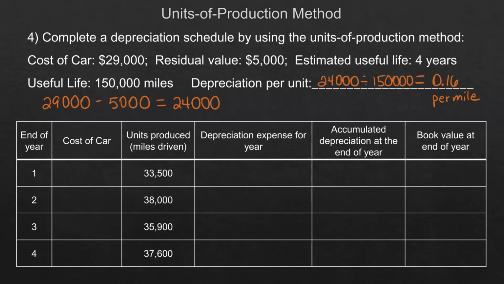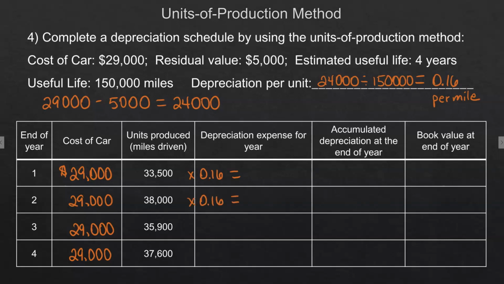When we fill out our chart, once again, this whole column is going to be 29,000. The cost of the car was still the cost of the car, no matter what year it was. So just get that completed. And now we just multiply. So we're going to multiply by 0.16 on each of these to get the amount of depreciation for the year.